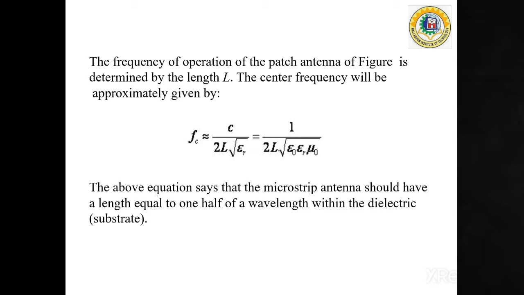The above equation says that the microstrip antenna should have a length equal to 1/2 of a wavelength within the dielectric substrate. Here epsilon represents the electrical permittivity and mu represents the permeability.